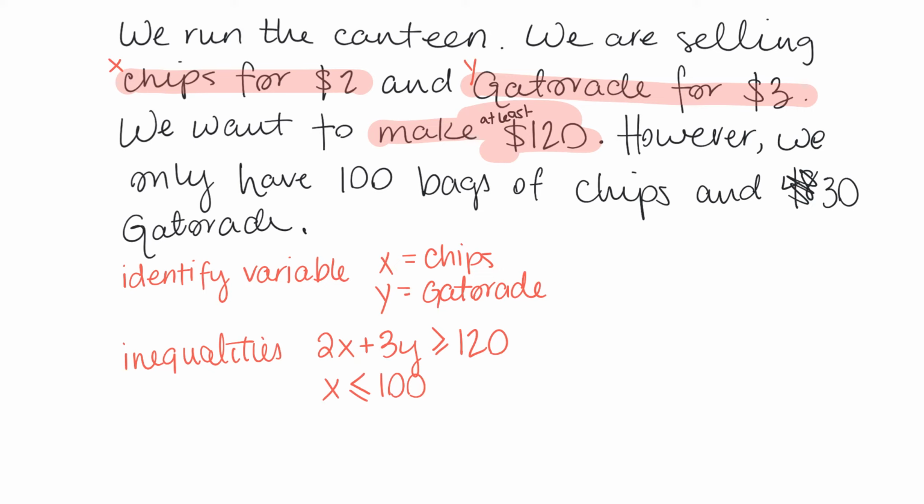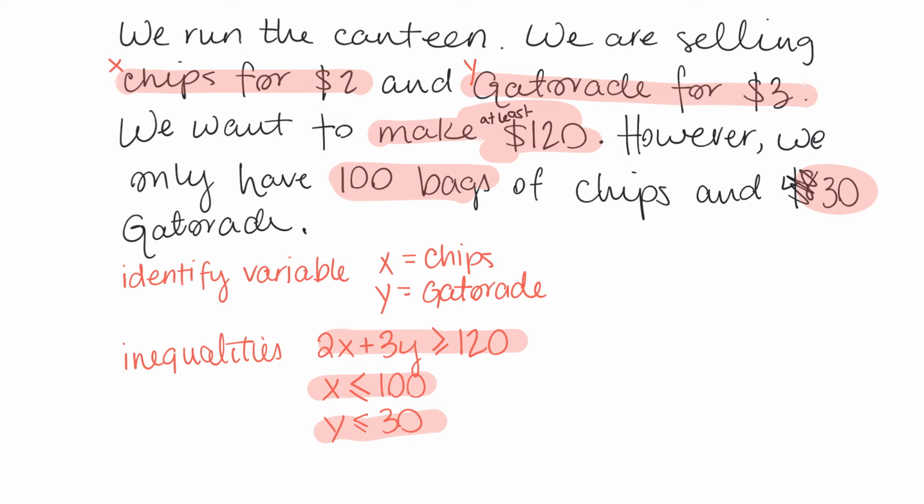So your X needs to be less than or equal to 100. And we only have 30 Gatorade. So we need to write a third inequality that says our Y has to be less than or equal to 30.